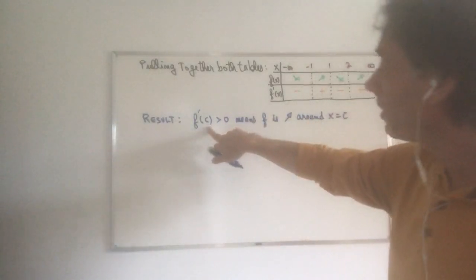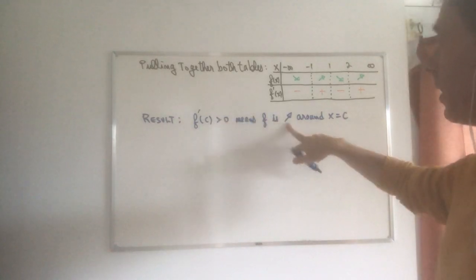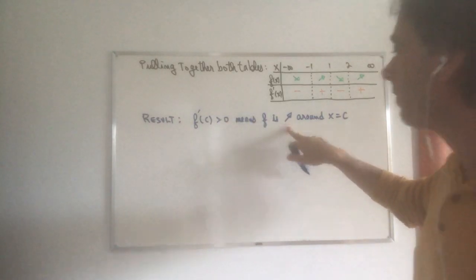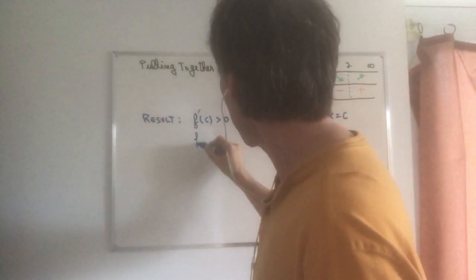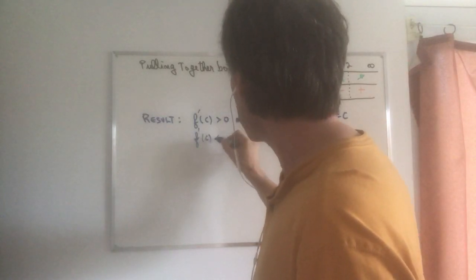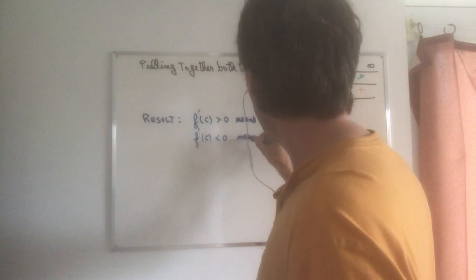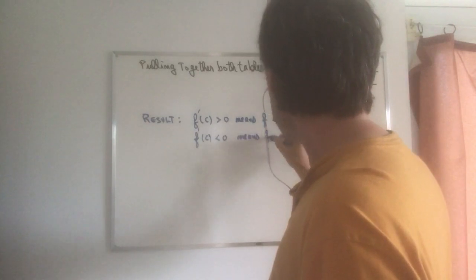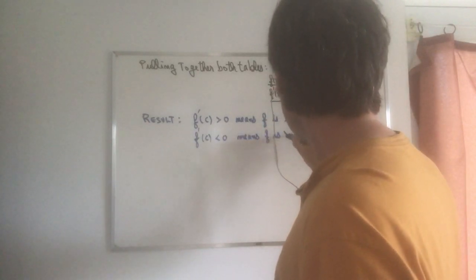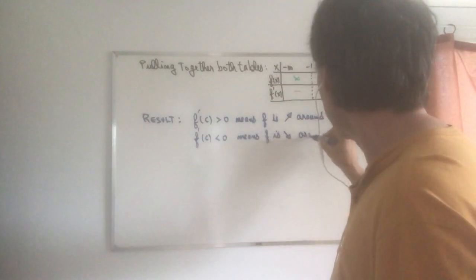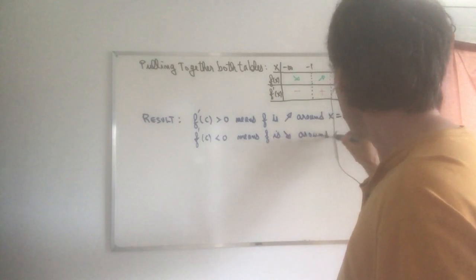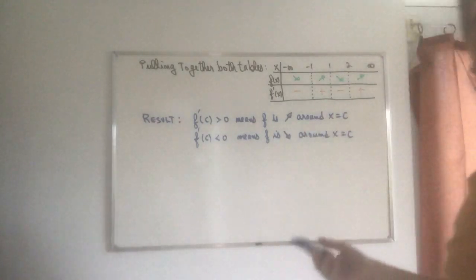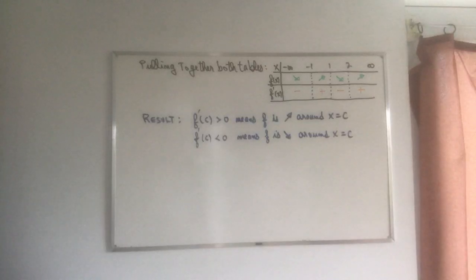So if the derivative at a point is positive, we link that to the fact that f is increasing. Similarly, if f prime at c is negative, it means that f is decreasing around the point c. So that's the result we can draw from this whole thing.